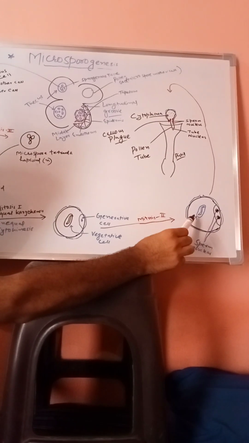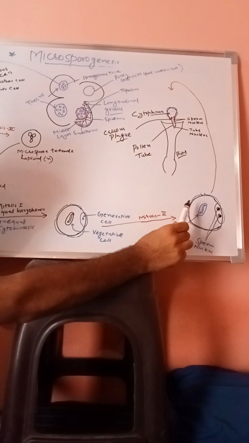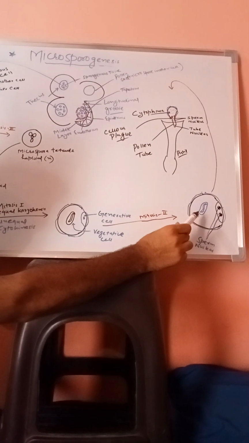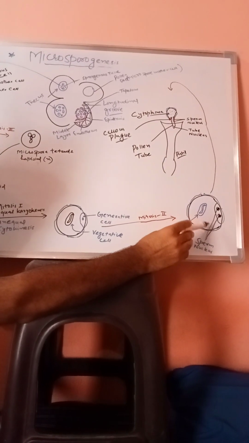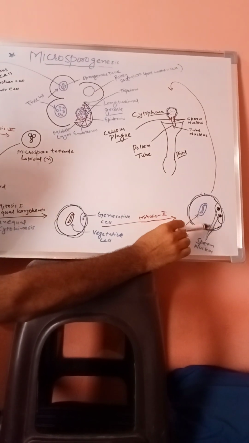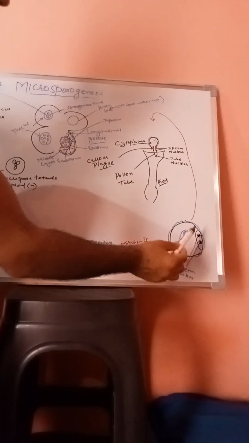The vegetative nucleus is smaller in size but its cell size is very large, and the sperm cell size is smaller but its nucleus size is larger. This is the difference between the vegetative cell and the generative cell.